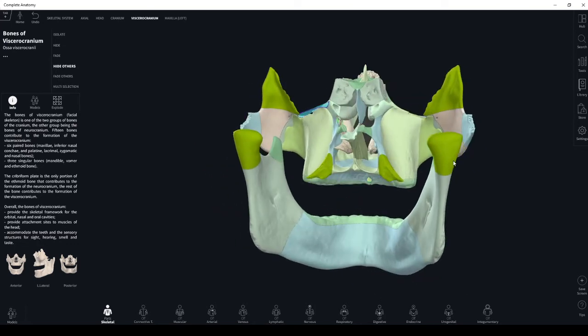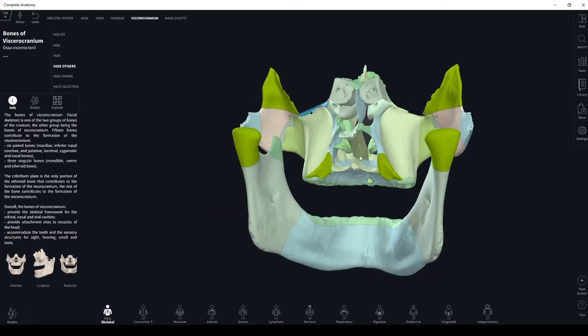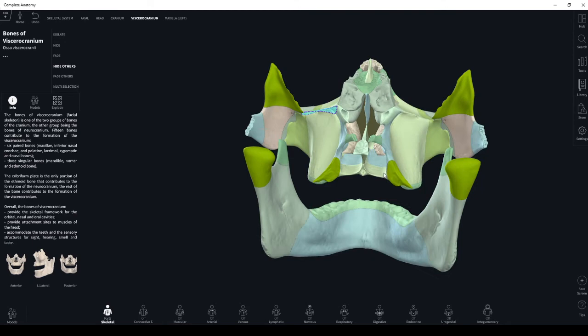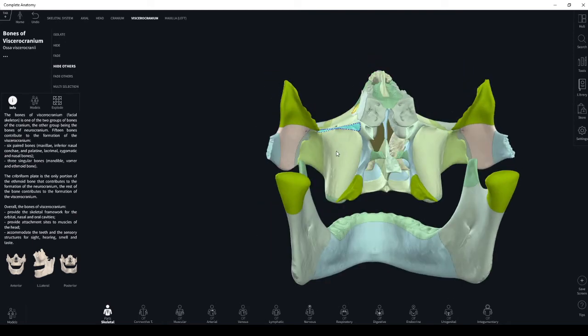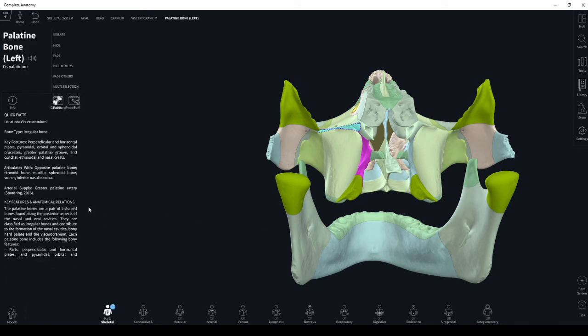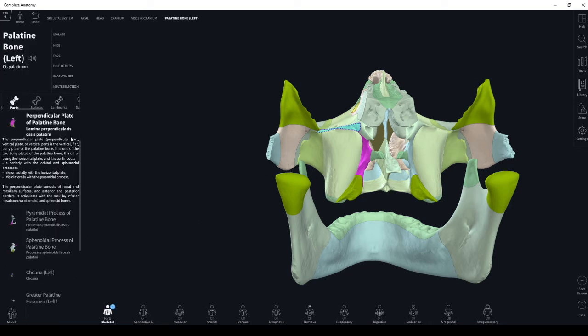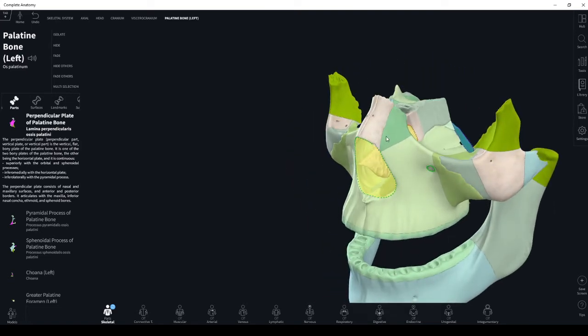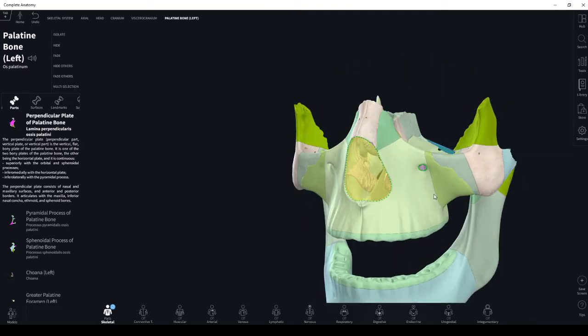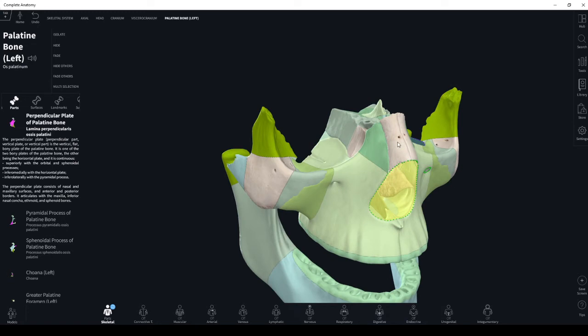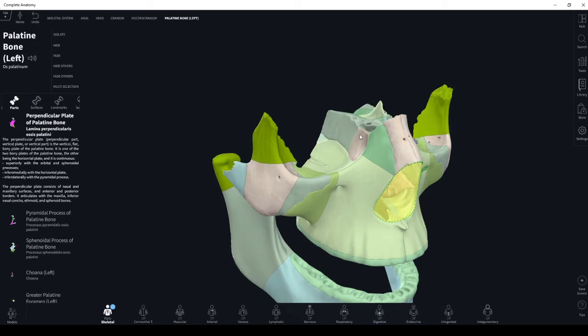Together, the relationship of the nasal crest with the vomer, the posterior surface with the palatine bone. Also the relationship of the maxilla with the zygomatic bone, the nasal bone and the lacrimal bone.